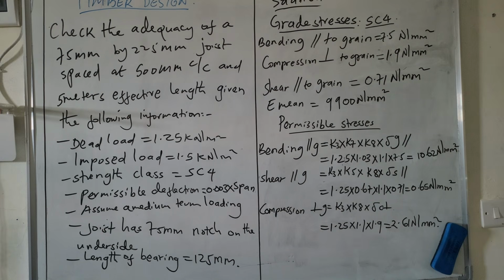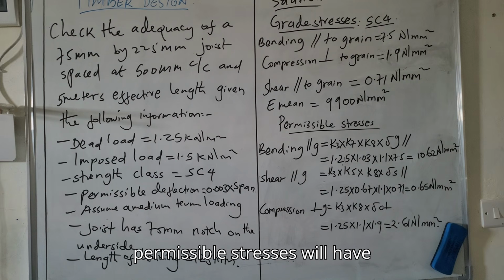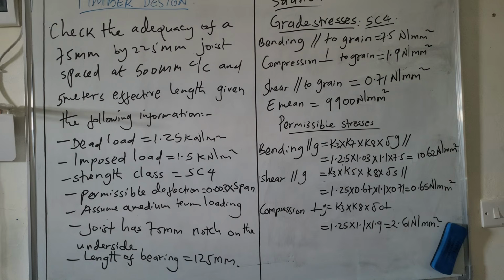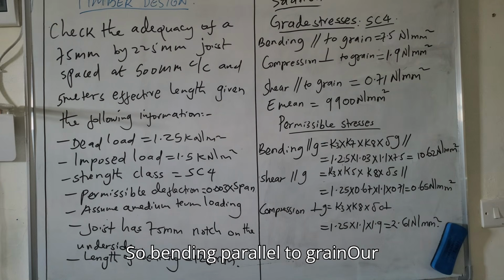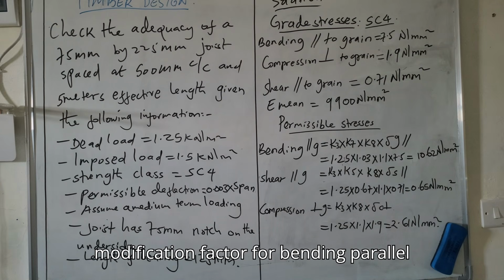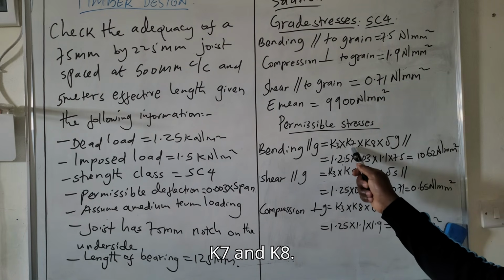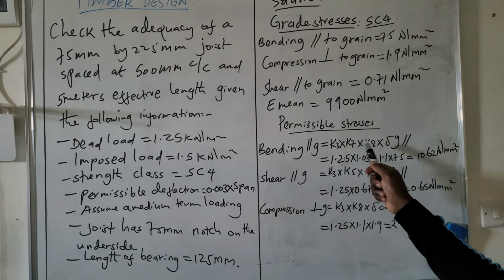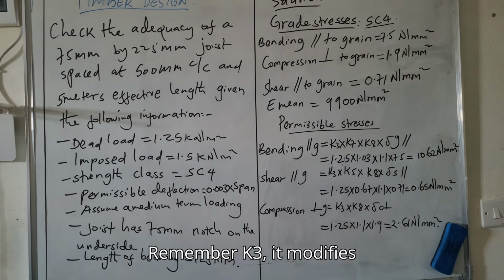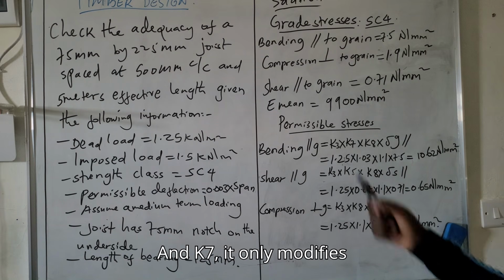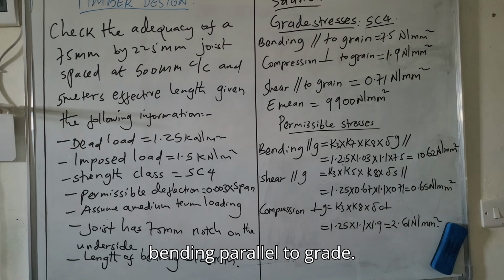So we go to permissible stresses. The permissible stresses will have bending parallel to grain. For bending parallel to grain, our modification factors are K3, K7, and K8. Remember K3 modifies all the grade stresses, and K7 only modifies bending parallel to grain.